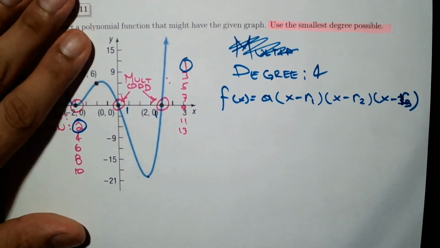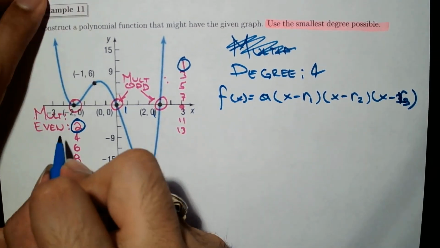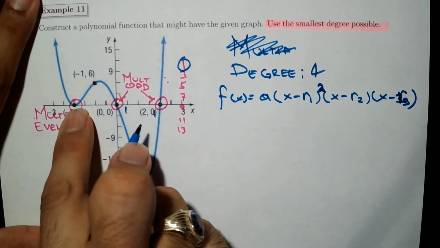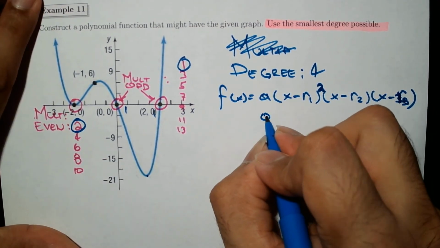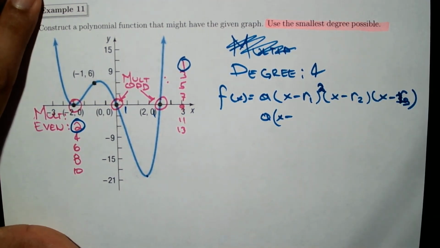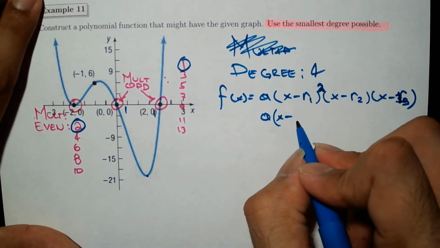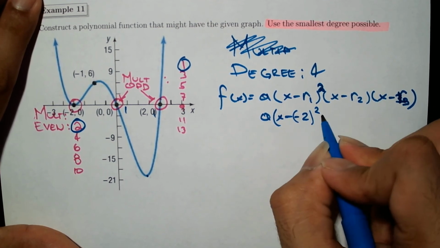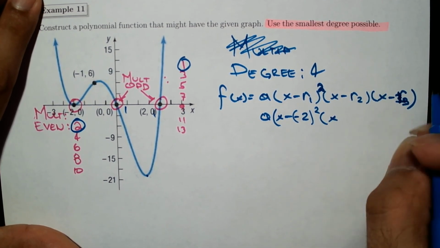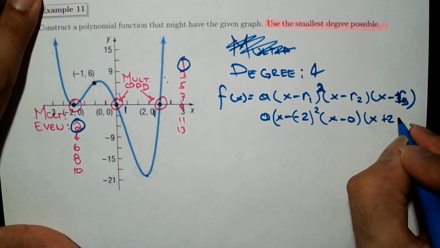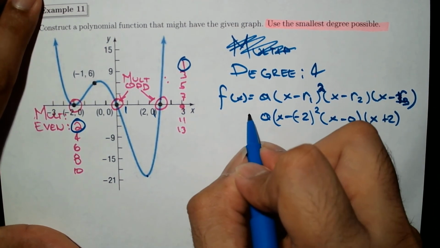So in this case, one of these zeros has to have an even multiplicity, like the first one, and in fact -2. So x minus -2 squared, x minus 0, x plus 2 squared.